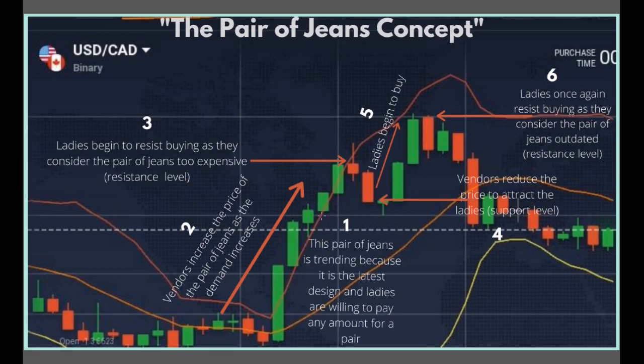You can see how far the price has moved. As demand for the pair of jeans increases, the price also increases, as the vendors ultimately increase the price of the pair of jeans.